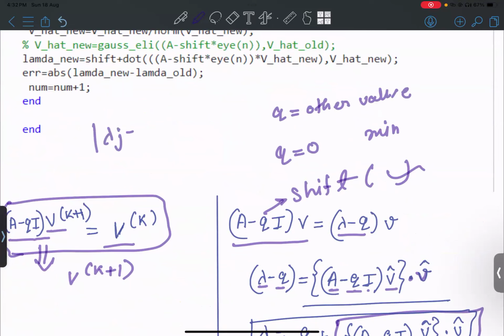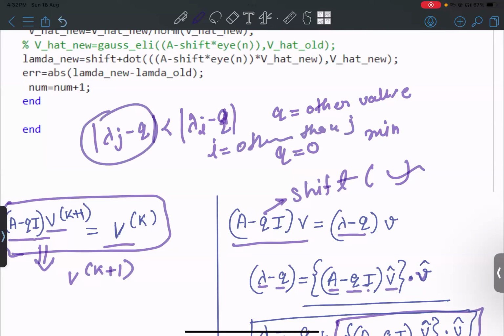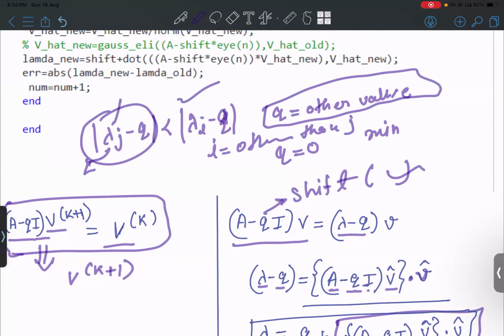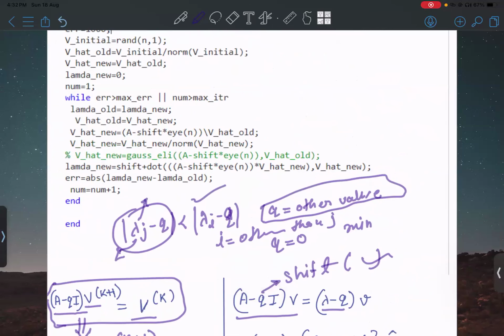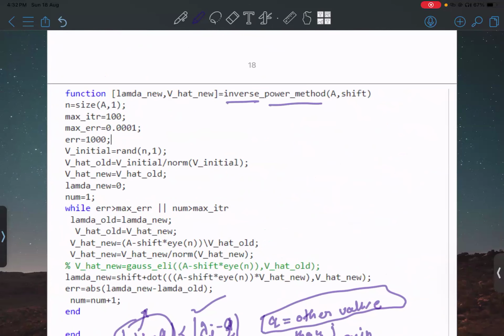Suppose I want to find the jth eigenvalue; then for lambda i minus q, where i goes over values other than j, I need to choose q carefully so that this inequality is satisfied. Once it is satisfied, I will get the corresponding eigenvalue and eigenvector using the function, the inverse power method.